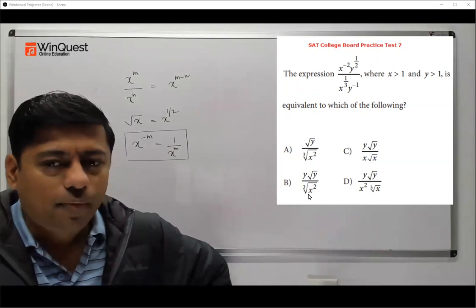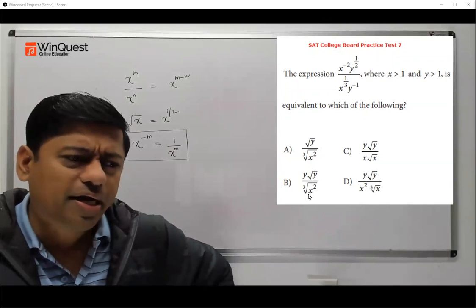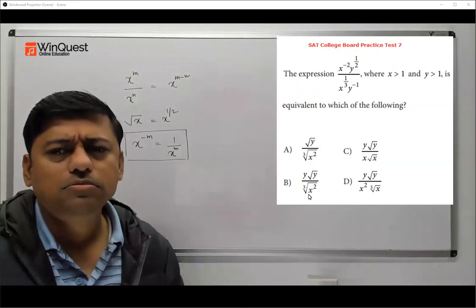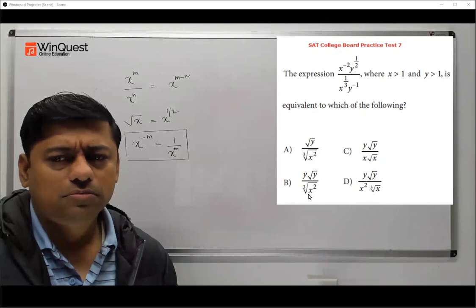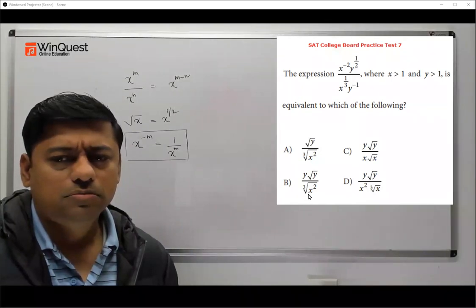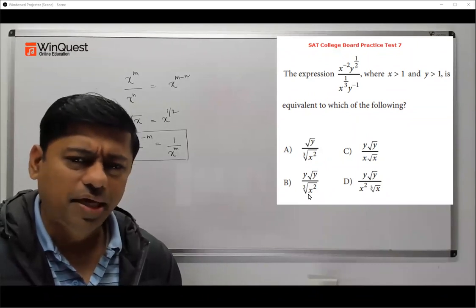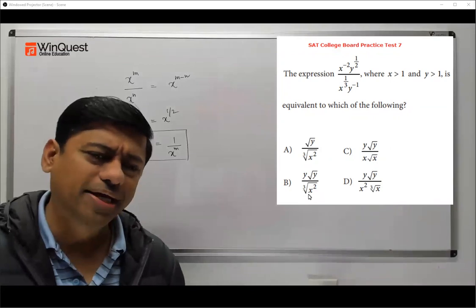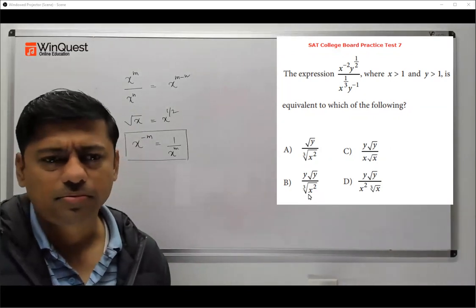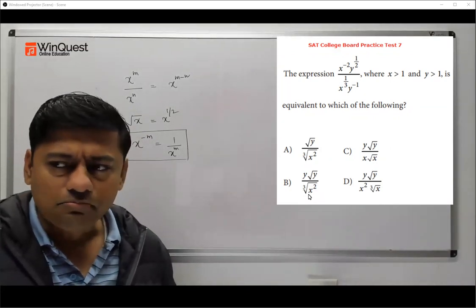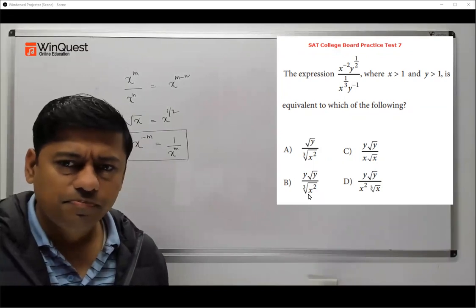In A, B, C, D options, do you all see that the numerator has all y? Yes. Numerator has all y. Are we all seeing? In A, B, C, D options, all y is there at the top in the numerator. Is it fair enough to say that?